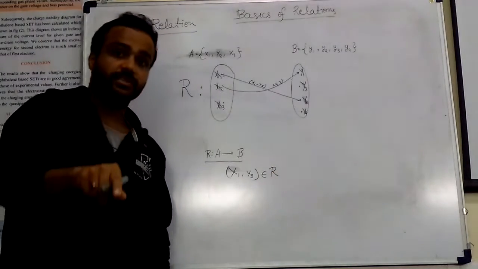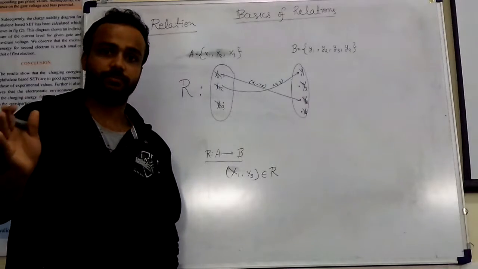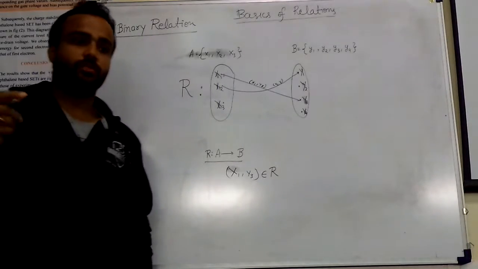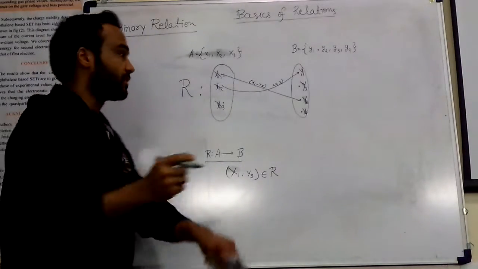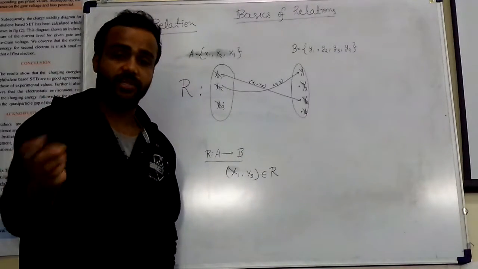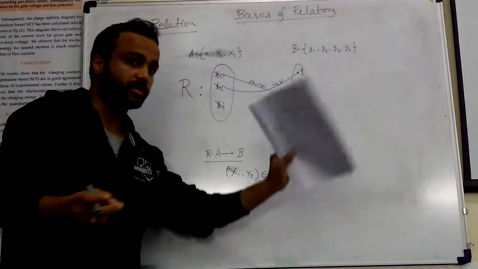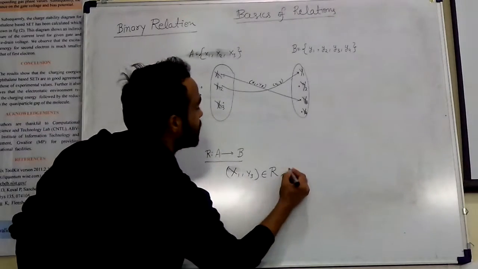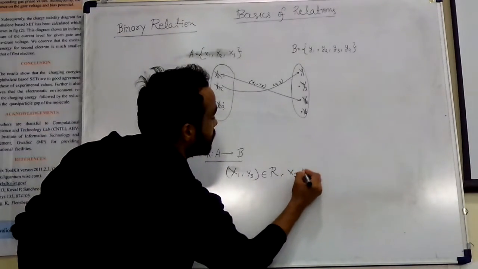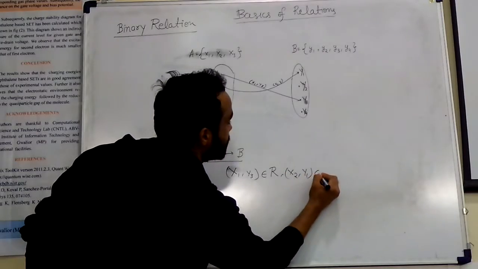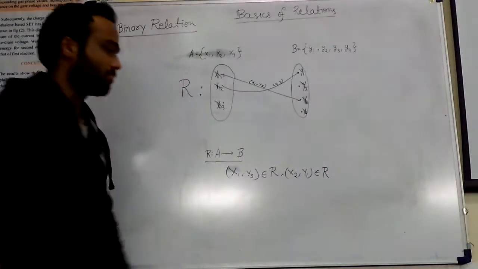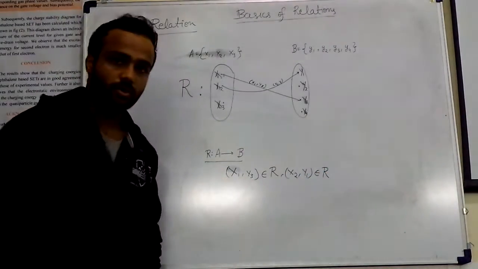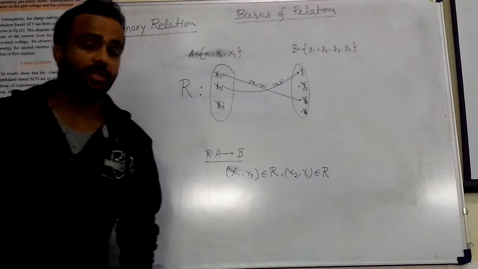R is itself a set of sequences of length 2, in which the first element of the sequence is taken from the set A and the second element from the set B. Similarly, I will also say that (x2, y1) belongs to R. This is a mathematical object, therefore a set can contain it.